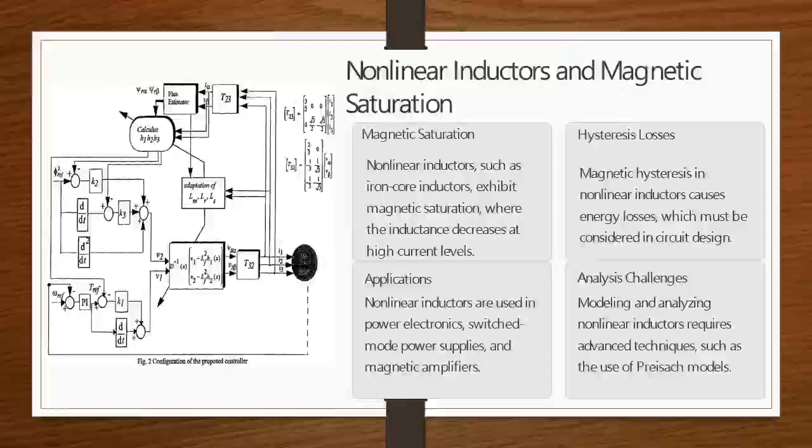And what are the hysteresis losses? Magnetic hysteresis in a nonlinear inductor causes energy losses which must be considered in circuit design. In every circuit design, energy losses occur. Applications: nonlinear inductors are used in power electronics, switched mode power supplies, and magnetic amplifiers.